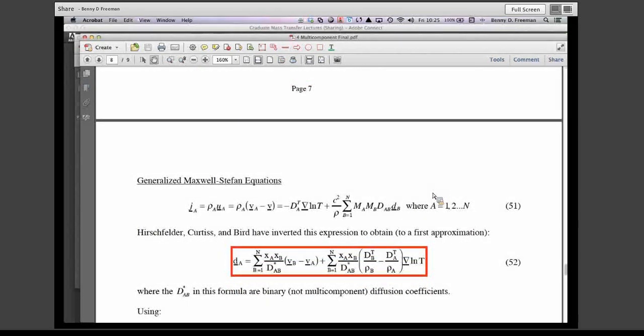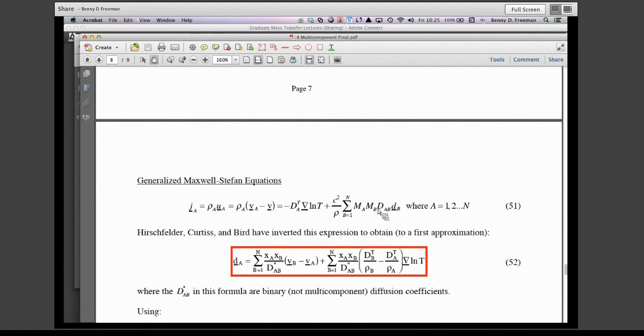That is, the flux is written in terms of the gradients that drive the transport. It turns out that there are certain classes of multi-component problems where it is advantageous to write not the fluxes in terms of the driving forces, but to write the driving forces in terms of the flux. That is, to invert this expression, and that generates what's known as the Maxwell-Stefan equation. And so I'm just going to show you this briefly. We'll use it a little bit in multi-component transport as we move along.